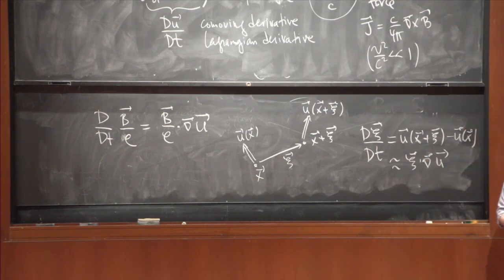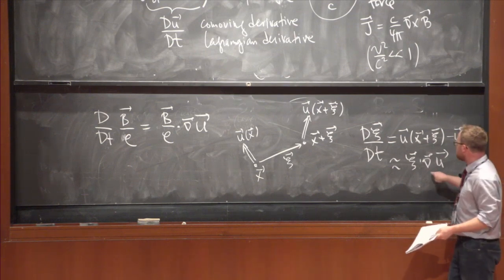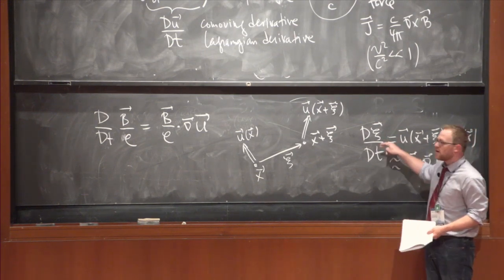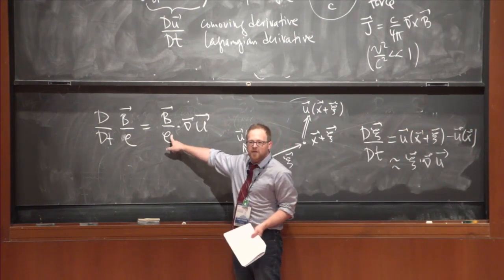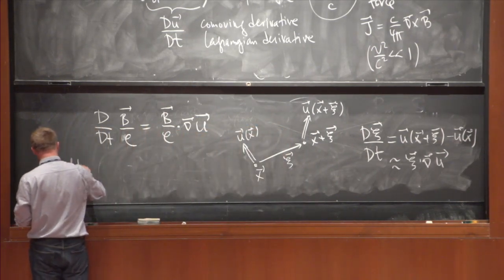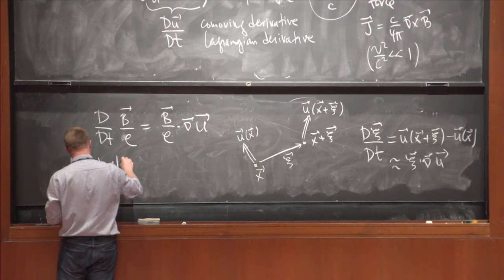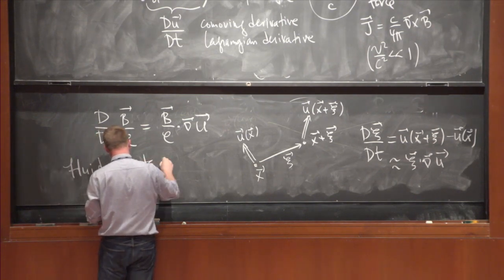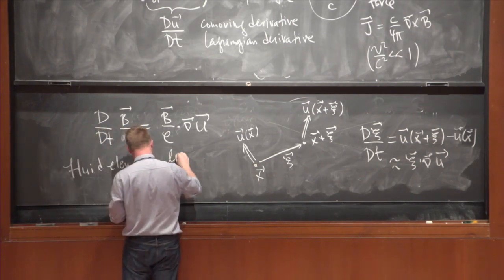So what this means is that if you have a field line and it's in some fluid flow, that fluid flow is going to move along these trajectories, but so is the magnetic field. So this just says that field lines are fluid elements. If they start on a field line, they're not going to leave it.